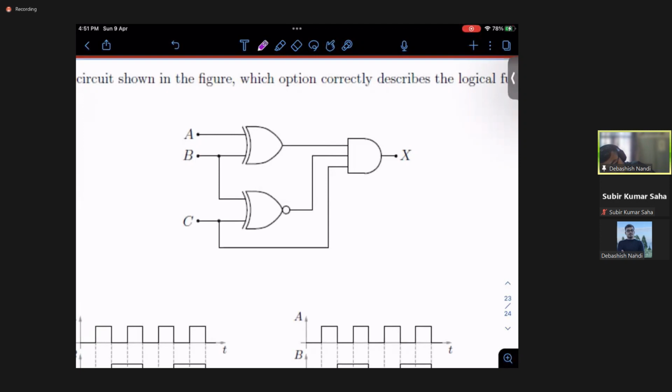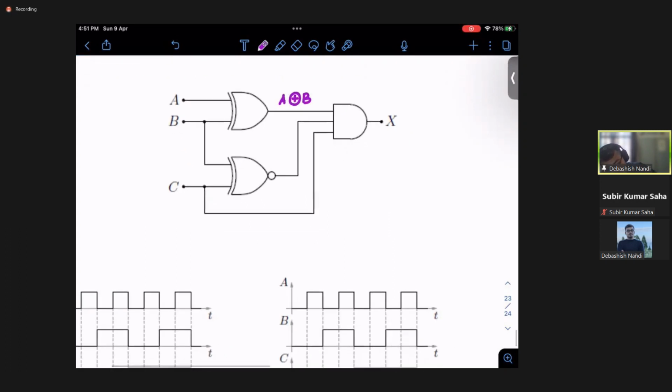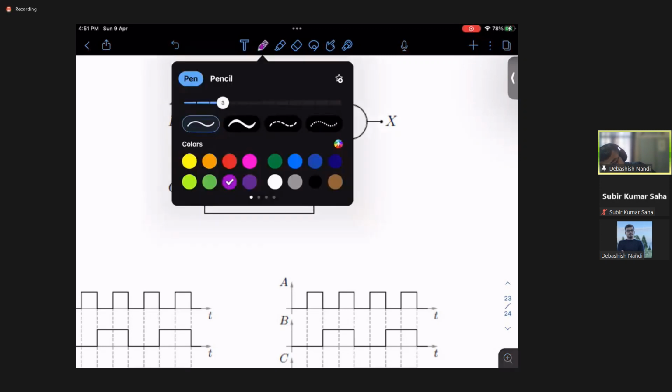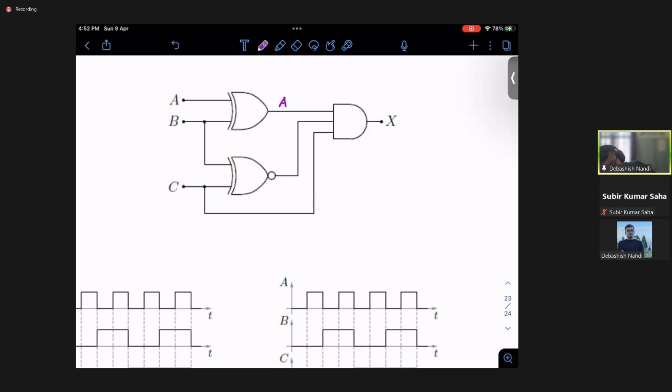This is A XOR B, because this is A, this is B, this is B, this is C. So B XOR C bar, right? And this is nothing but C. Okay.